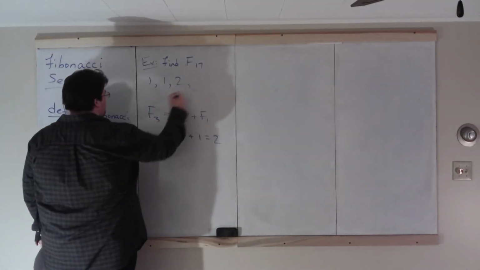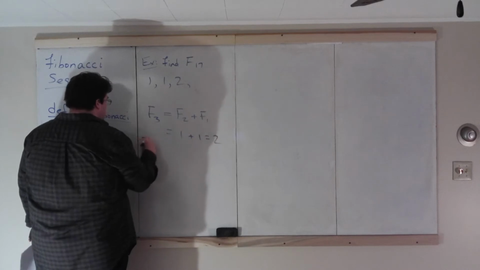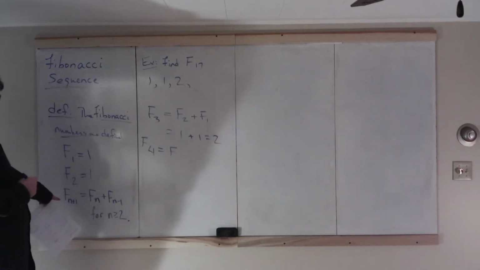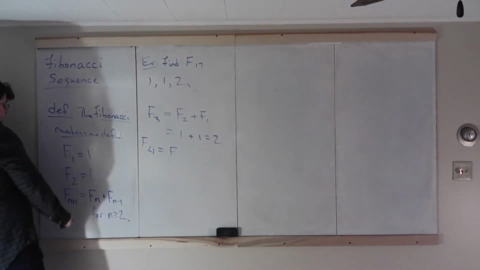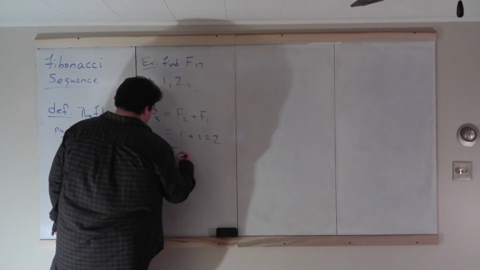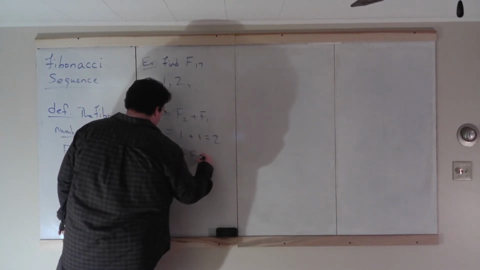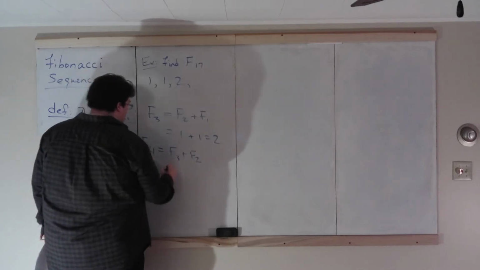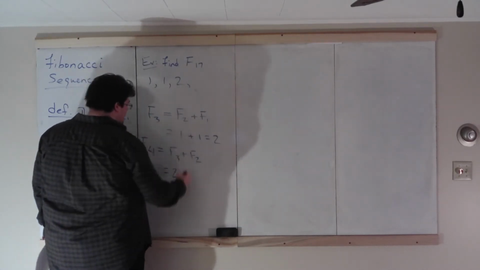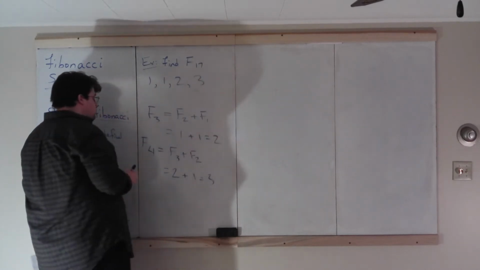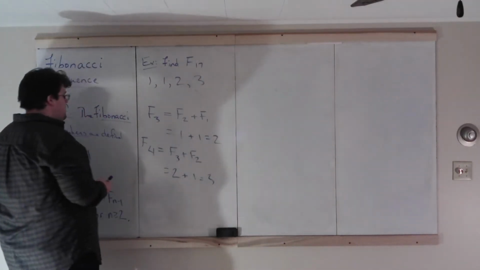What's the fourth one? We need the 17th. F sub 4. Let n equal 3 here. It gives you F sub 4 equals F sub 3 plus F sub 2. F sub 3 is 2. F sub 2 is 1. F sub 4 equals 3.